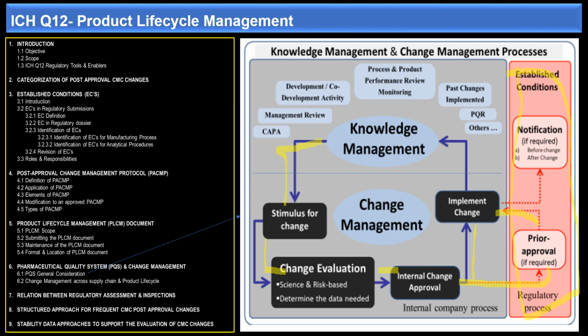It is again evaluated whether a notification is required to the regulatory authority for the established condition. If a notification is required, the notification is given. If a notification is not required, the change is implemented as per the pharmaceutical quality system, and then it becomes part of the knowledge management system. So this is an overall cycle where knowledge management, change management, and established conditions are linked with each other.